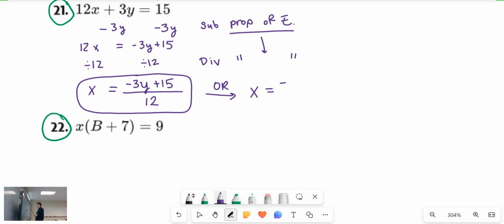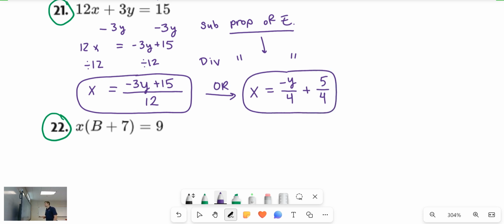All right, this is actually going to be negative 1/4 y, so negative y over 4, plus 15 over 12, which is the same as 5/4. So we could have left it as x equals negative y plus 5, all divided by 4.